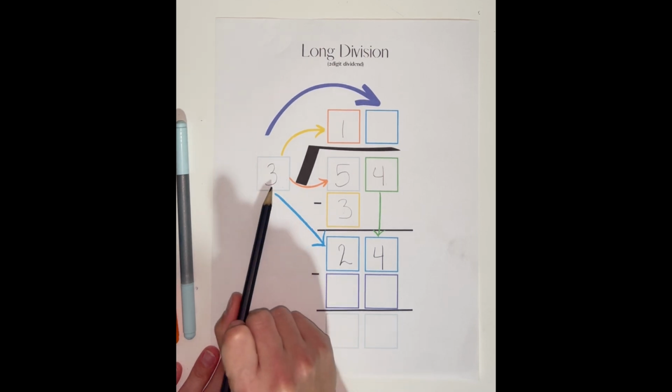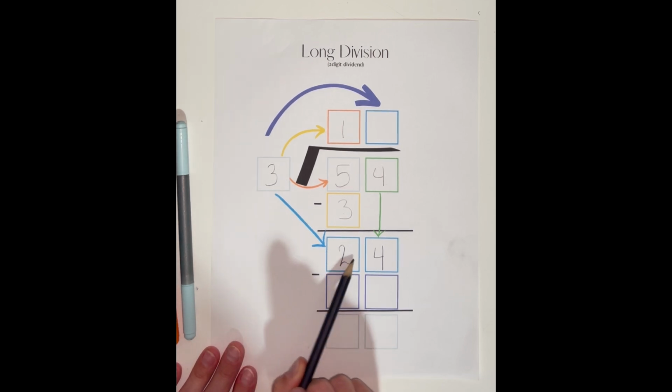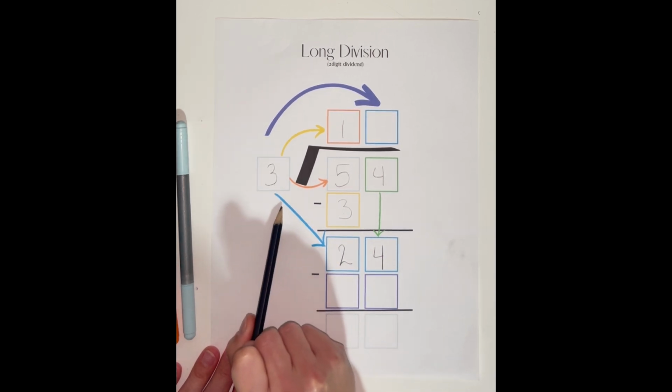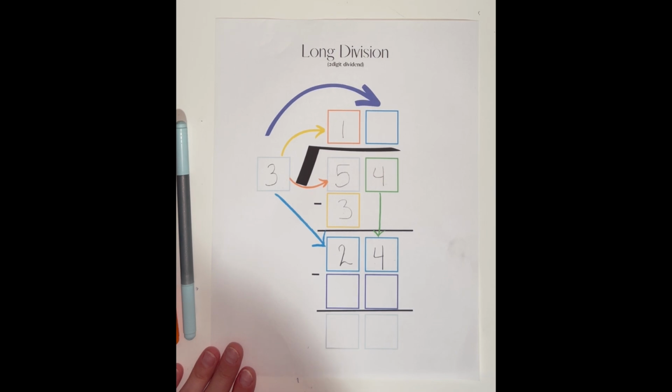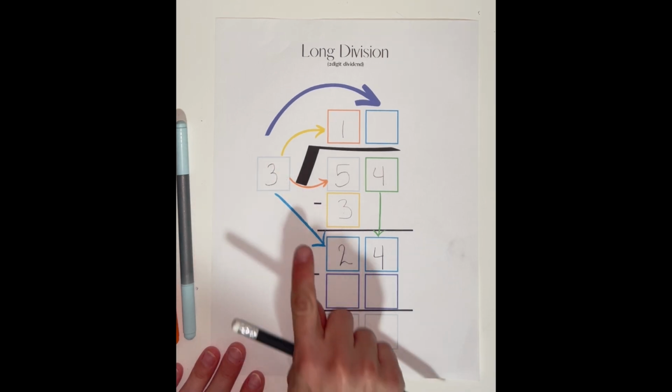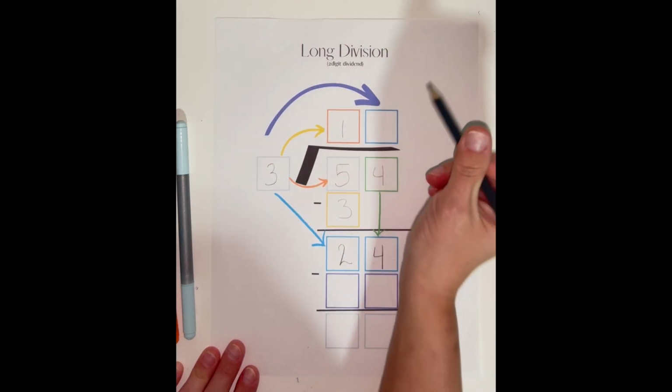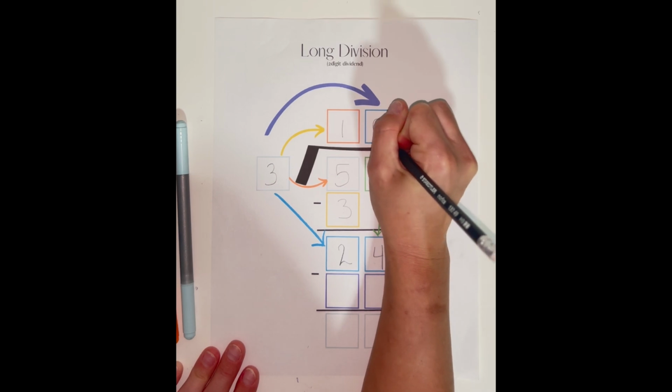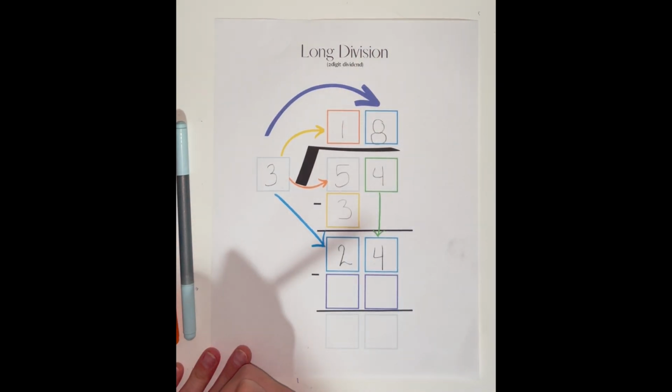Now, I remember it asked me how many times could 3 go into 24. 3 goes into 24 8 times. So now I remember these are blue. I'm going back to my blue box, and I'm going to do an 8.